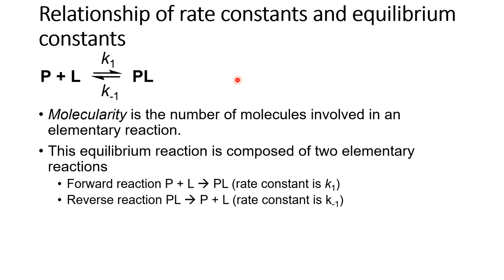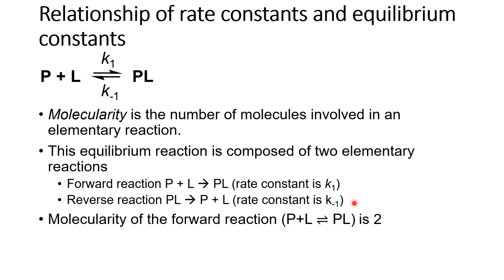The second elementary reaction is the reverse reaction, where the protein ligand complex dissociates into its constituents, which is again the protein P and the ligand L, and the rate constant for this reaction is little k minus 1.